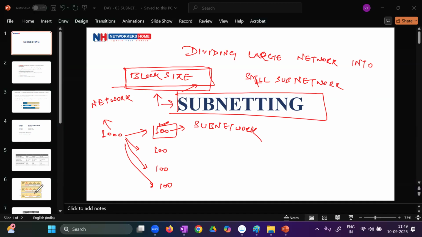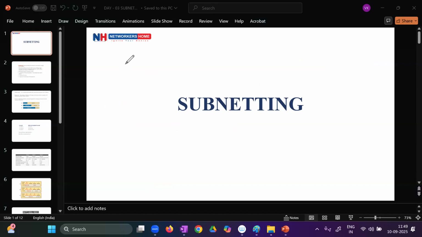What is the function of subnetting? See, you tell me, when you divide a large network into small networks, what is the first advantage you will get? Simplicity you will get. Then one more thing you will get, controlled access of the network, right?